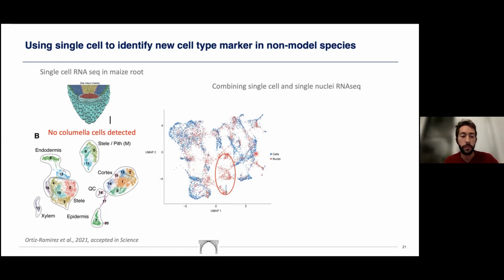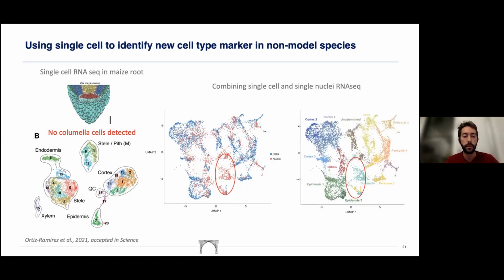And when we look at the marker genes we know from this publication, we could identify that these nuclei are actually the columella. So we're quite happy because by combining single cell and single nuclei, we are able to have a better representation of all the different cell types present in the root meristem.